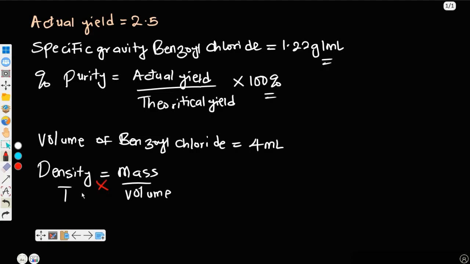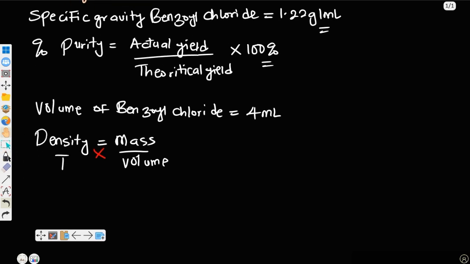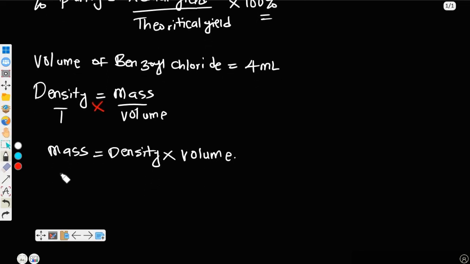Then we can cross multiply because we must look for the mass. We can now say that the mass is equal to density times volume.